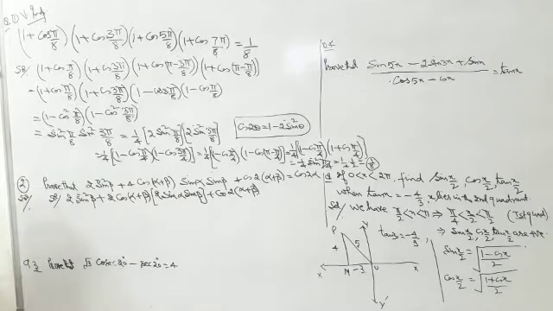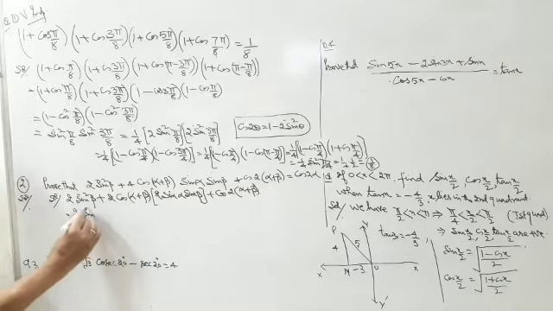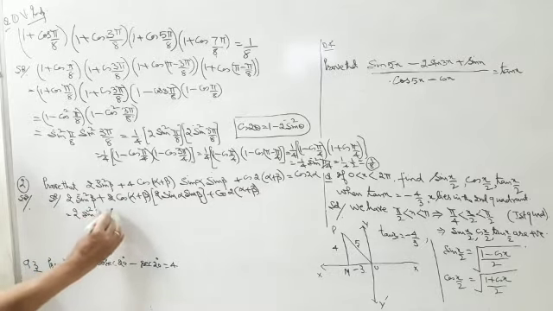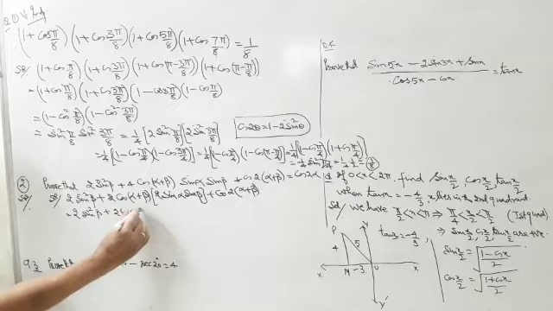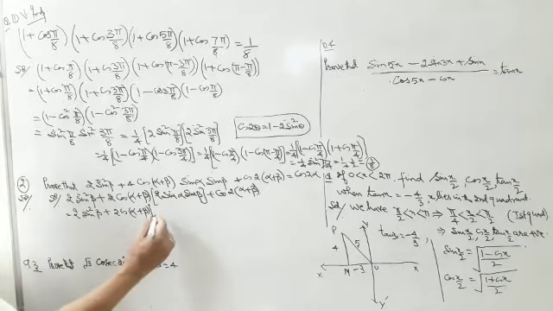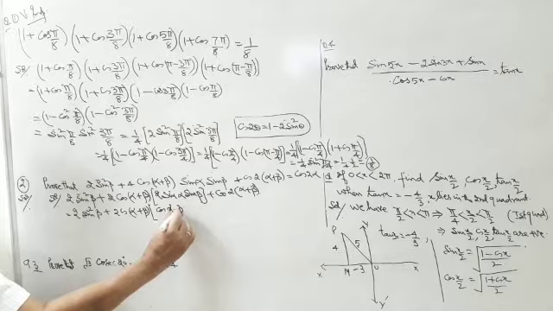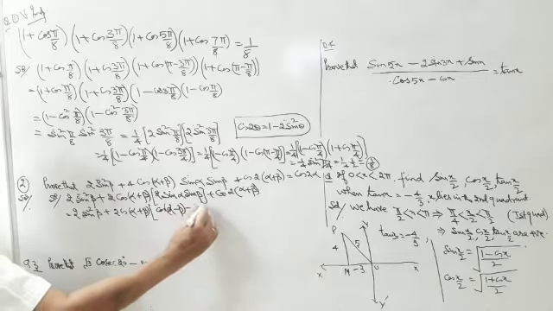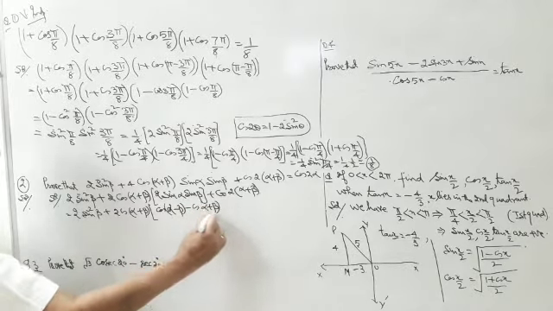Again, an application of multiple angle. It is 2 sin square beta plus 2 cos alpha plus beta. Here you can apply 2 sin A sin B, cos A minus B, alpha minus beta, minus cos alpha plus beta.